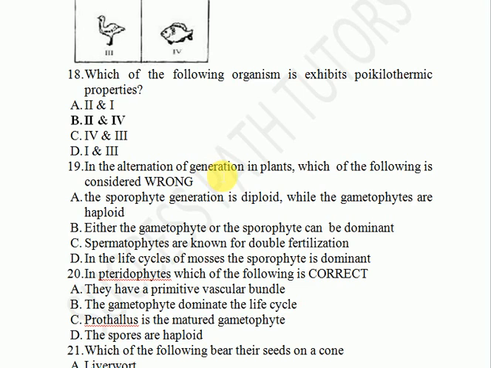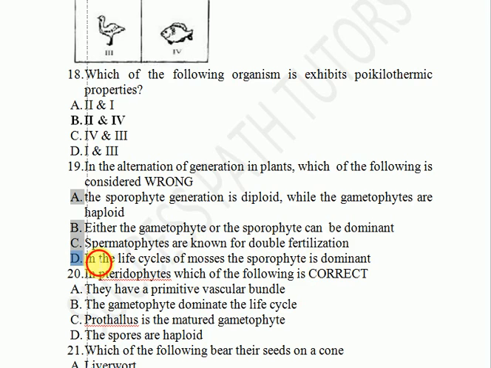In alternation of generation in plants, which of the following is considered wrong? The sporophyte generation is diploid while the gametophyte generation is haploid. That's correct. Let me go straight to the point. In the life cycle of mosses, the sporophyte is dominant. No, that is wrong.